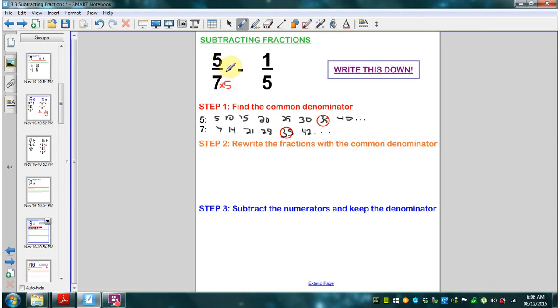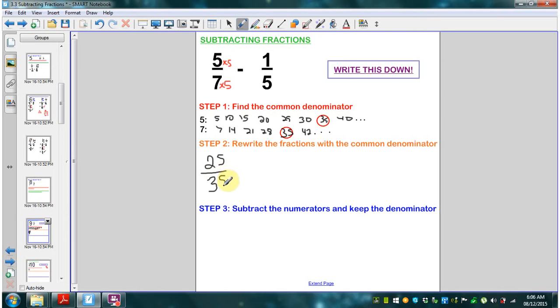But remember the golden rule, whatever we do to the bottom, we need to do to the top. So this fraction now becomes 5 times 5, 25. And that's over 7 times 5 is 35, which is what we wanted.